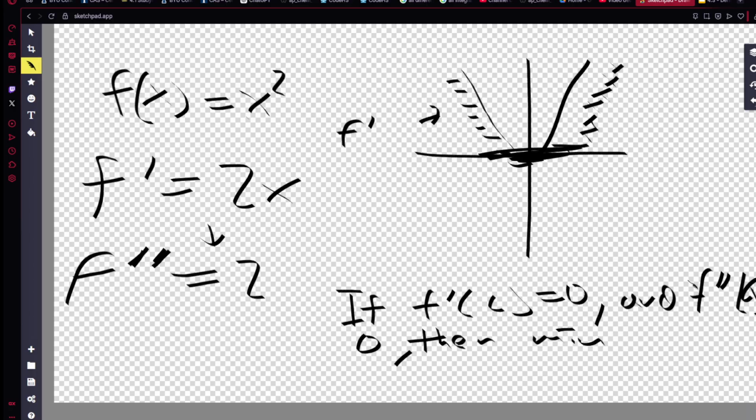So in the same way, f double prime of c being greater than 0 indicates that f prime of x is less than 0 when x is near c. And that's where the logic occurs.